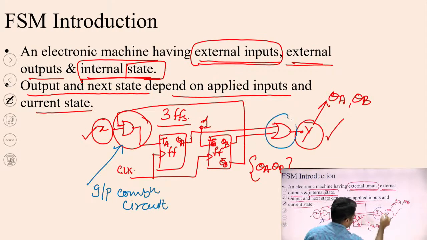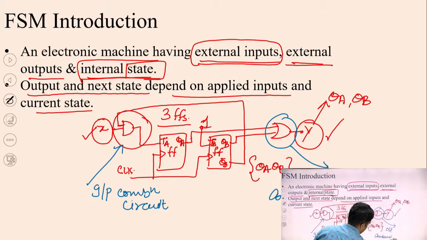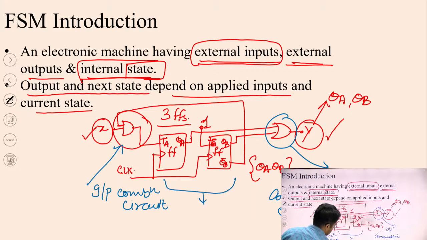This is the output combinational circuit, and these are flip flops. If flip flops are together, we can refer to them as a register. Okay. So these are three components.